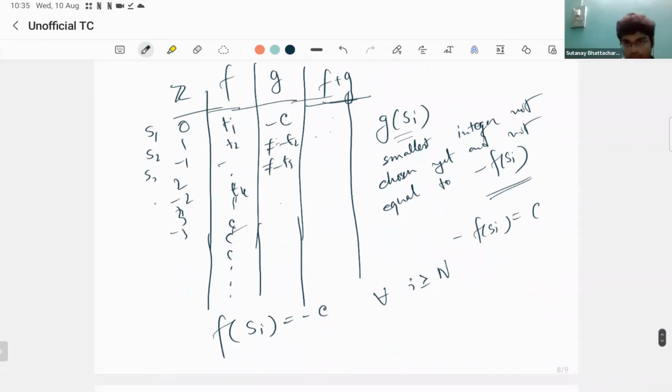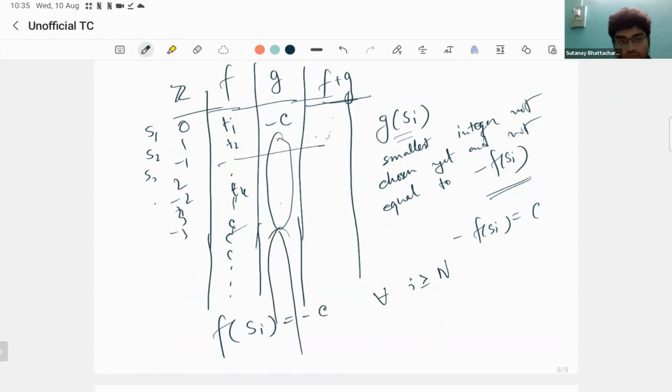If some value can't fit in the upper set T1 to Tk, assuming that T1 to Tk are not equal to C, then we can manage it later. Correct, exactly. It just becomes subjective when all of them are equal to C. So basically, we can put whatever we want in here as long as the sum does not equal 0, and then we have some integers left that we have to put in this column.